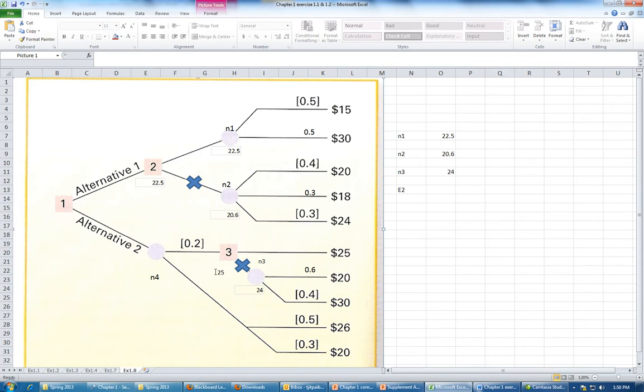Now moving along, for E2 we have 22.5. For E3 we have 25. Next we are going to work on node number 4.